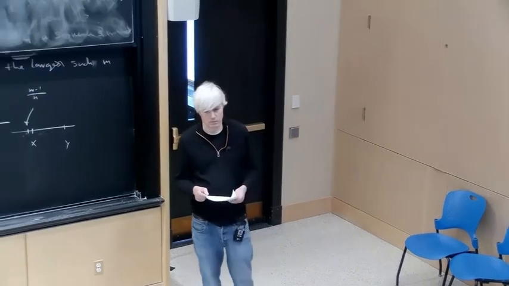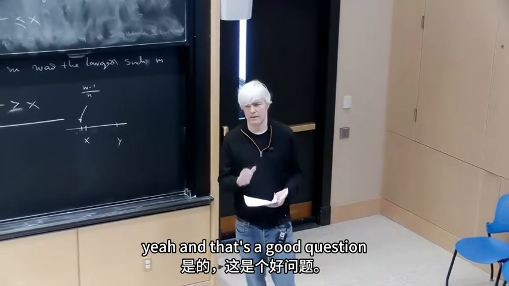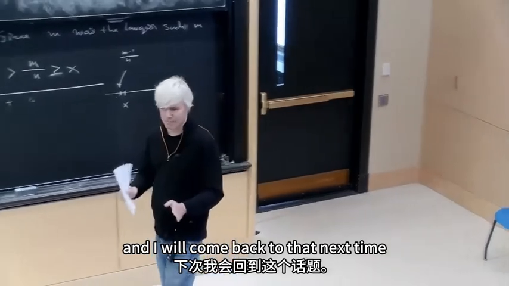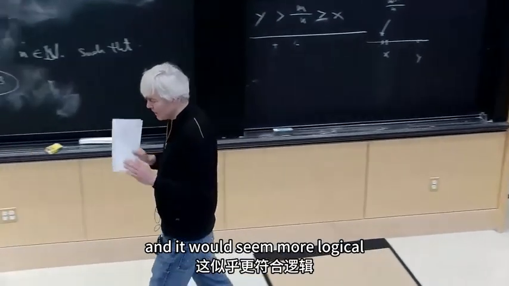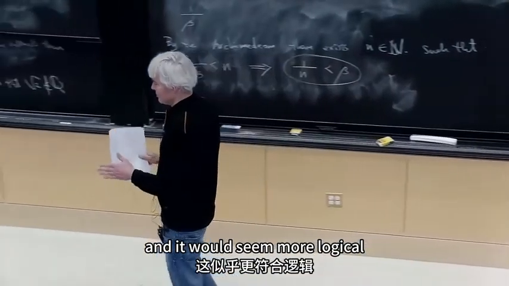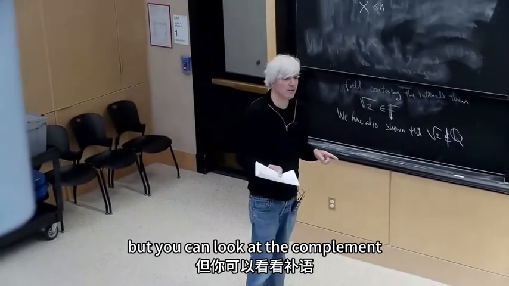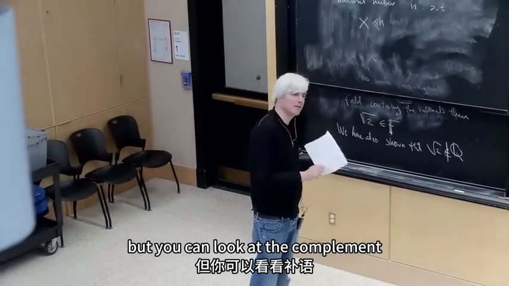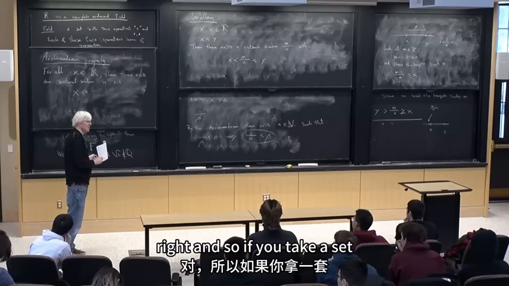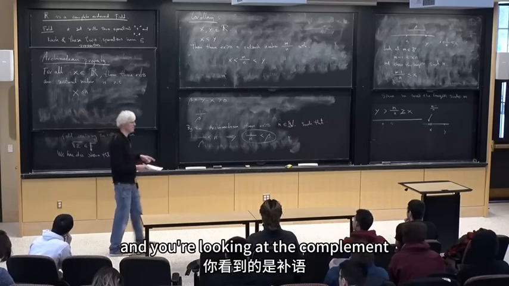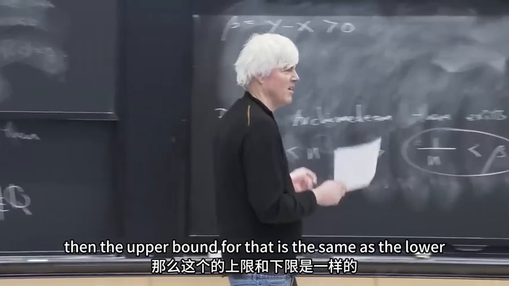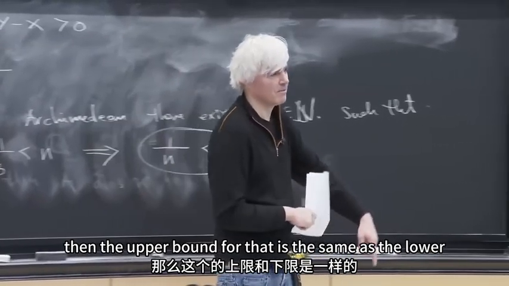Why did we define upper bound and not a lower bound? That's a good question, and I will come back to that next time. It would seem more logical to define both upper and lower bound, but you can look at the complement. If you take a set and look at its complement, then the upper bound for that is the same as the lower bound.